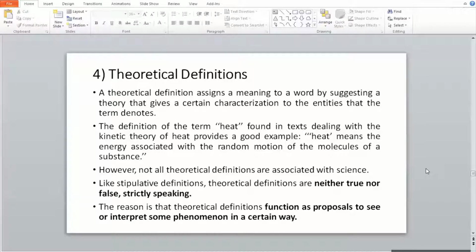Now let's look at what theoretical definition is. It's self-explanatory. It's theory-based, defining terms or words by referring to those theories. When you define a term, for example, you may define the word heat or motion.